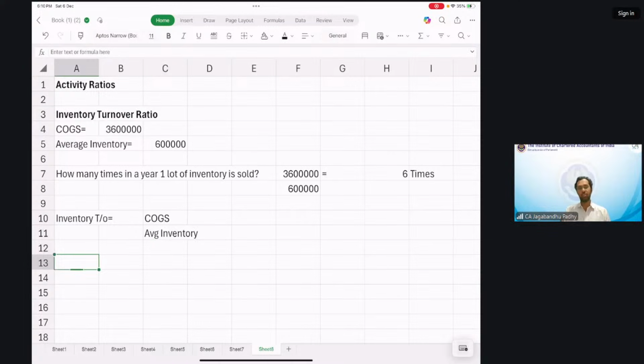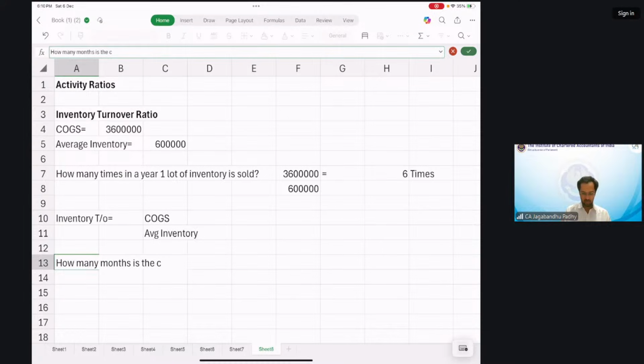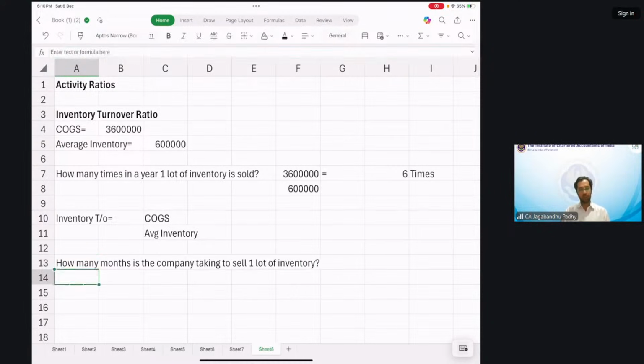Now my question to you is, if in a year we were selling the goods 6 times, how many months is the company taking to sell one lot of inventory, guys?